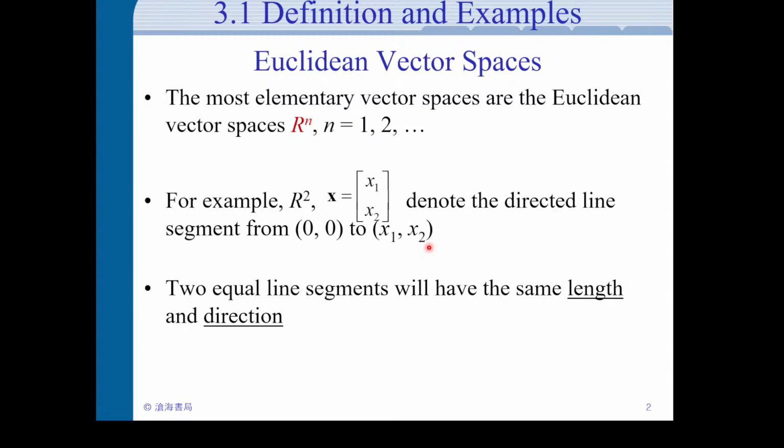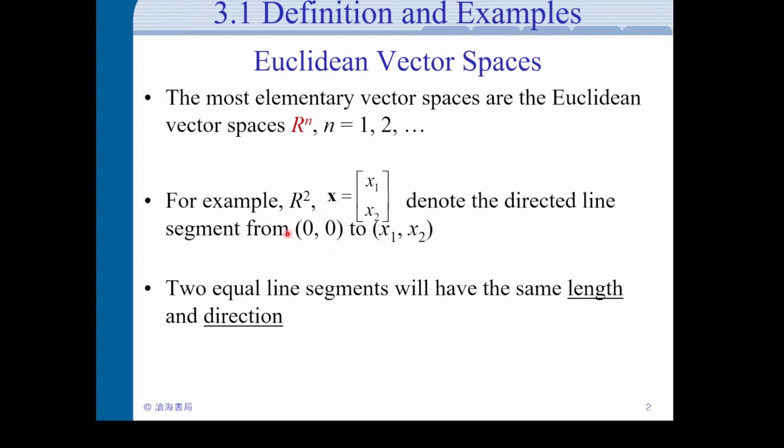Okay, and we start with reviewing high school maths again. So we start by defining the Euclidean vector spaces. They have the notation R to the n, where n is a natural number 1, 2, 3, 4, 5. This just means n-dimensional space with real coefficients.